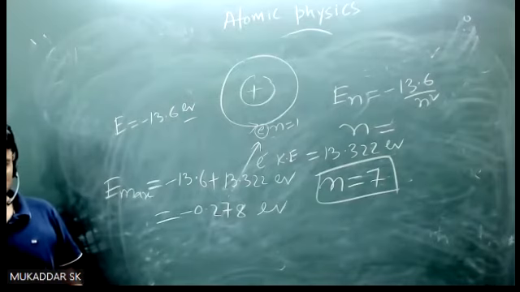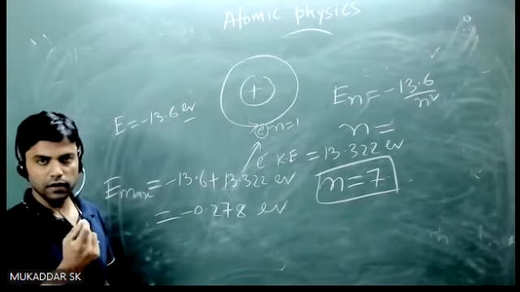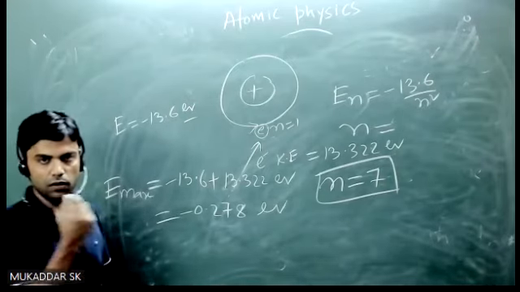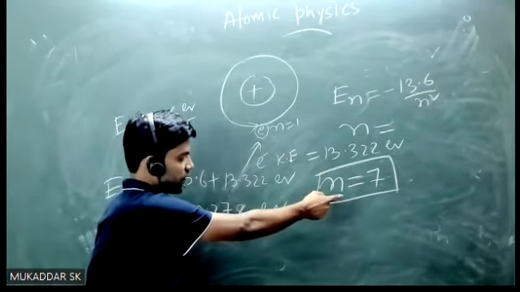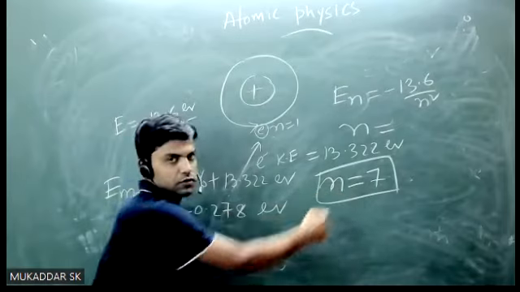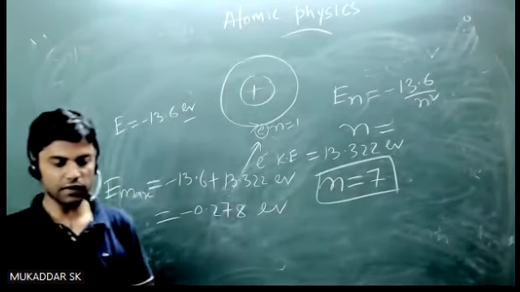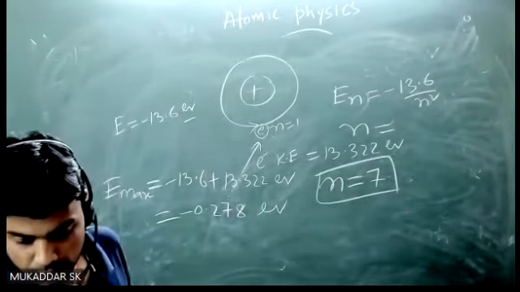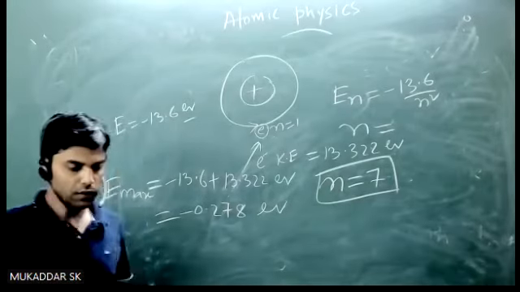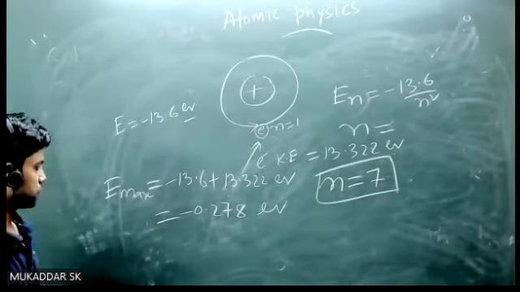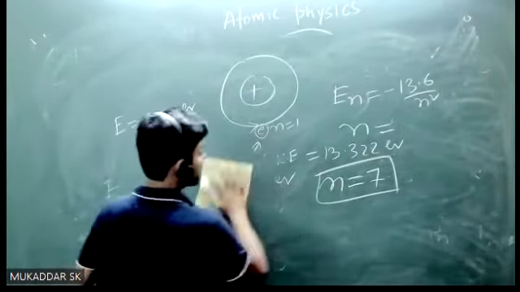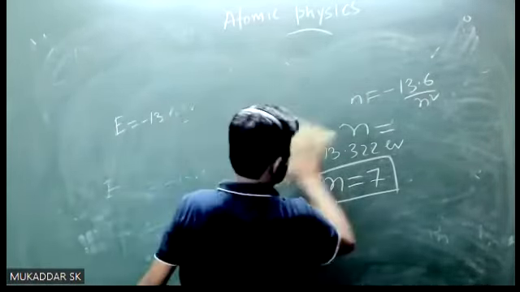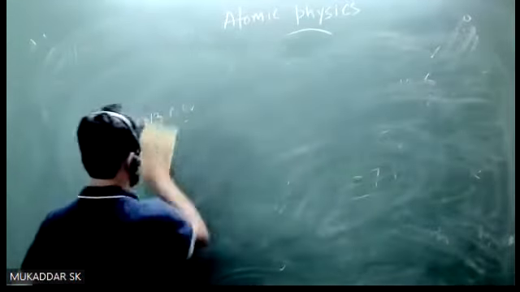Initially, when it was in the ground state, it had radius a0. Now the maximum radius corresponds to n equals 7. So the radius will increase by how much factor? 49. Good, very good.